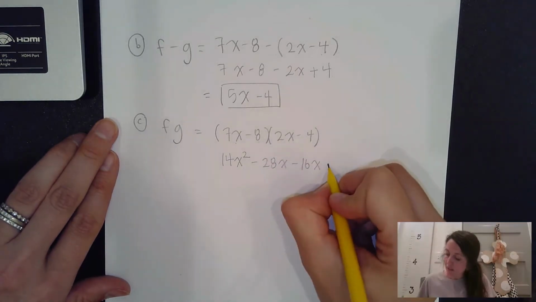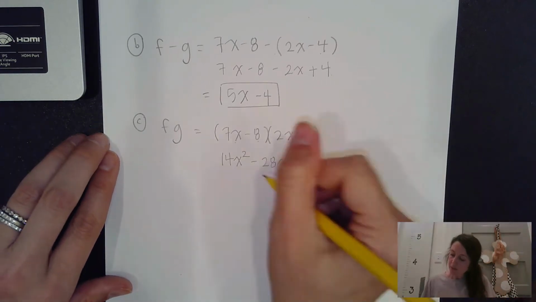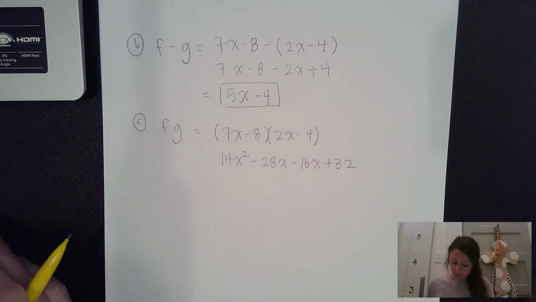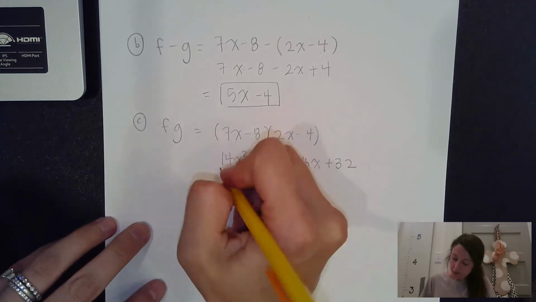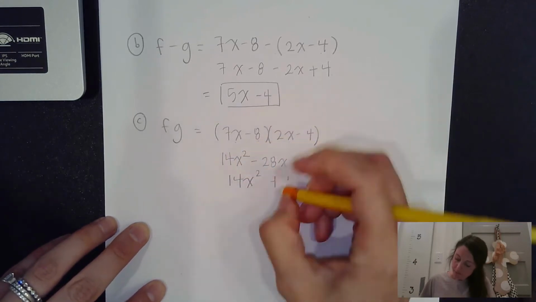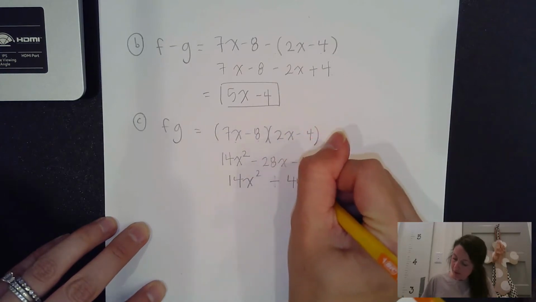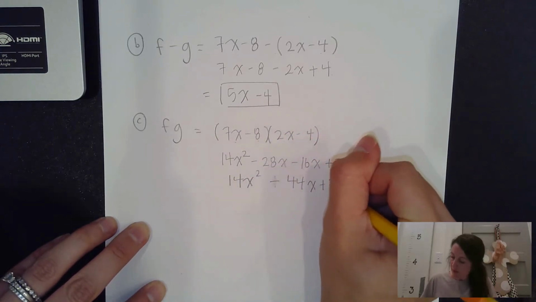Negative 8 times a negative 4 is a positive 32. So then when you combine your like terms there, you'll have 14x squared minus 44x plus 32.